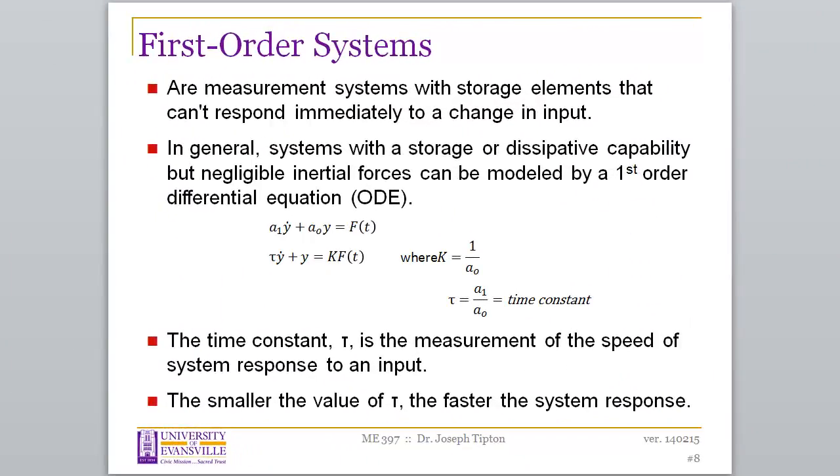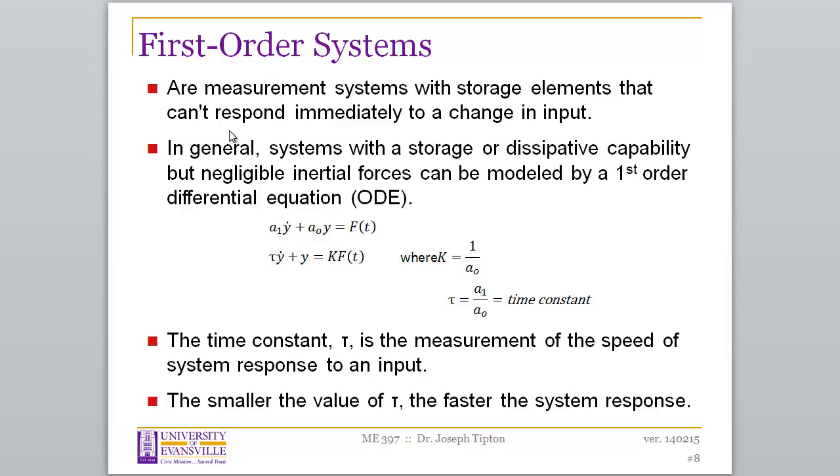Now let's look at the more interesting case of a first-order measurement system. For the first-order measurement system, note that we have a derivative with respect to time present. So now this system has some sort of response due to the effect of time in the input signal.